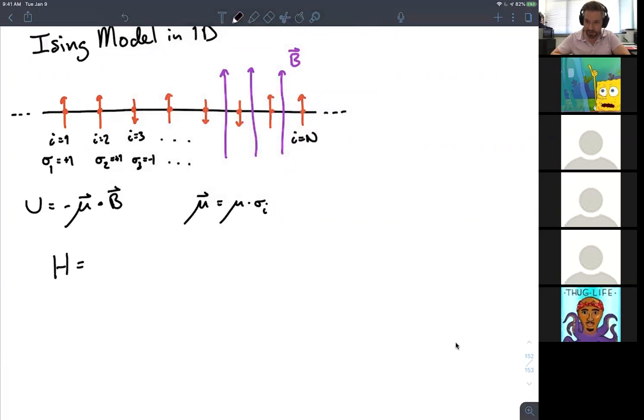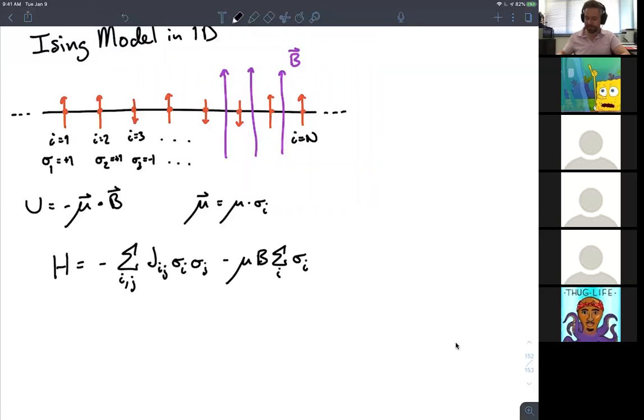Let me just write it down, and then we can talk about it. Okay, so we said it's minus sum over all ij of J_ij sigma_i sigma_j minus mu B sum over sigma_i, like so.